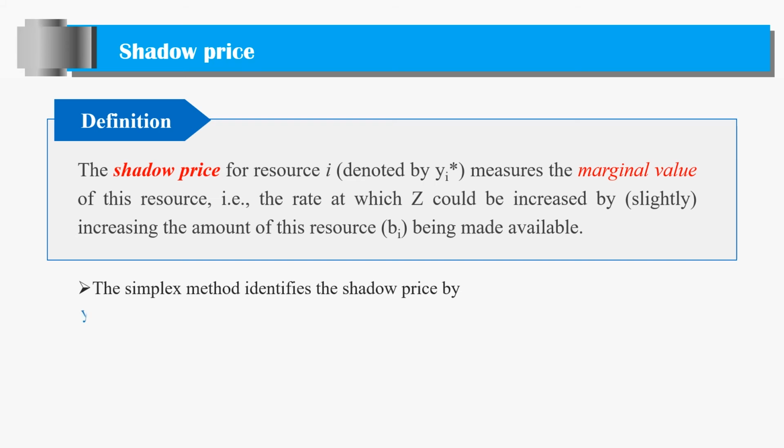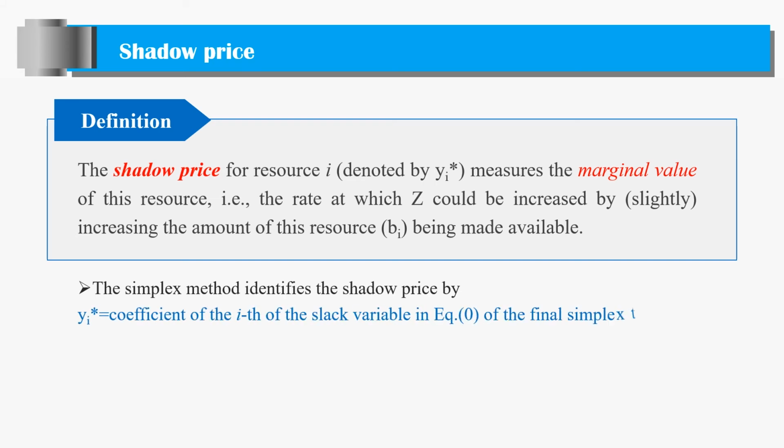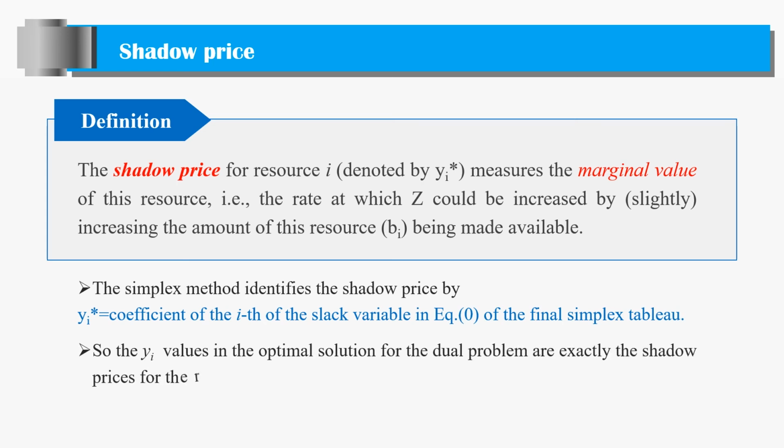The simplex method identifies the shadow price such that yi star is actually the coefficient of the i-th slack variable in equation 0 of the final simplex tableau. As we defined earlier, we say these yi stars are actually the shadow prices.